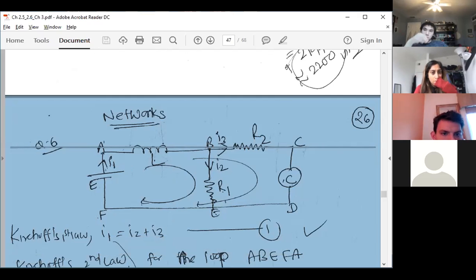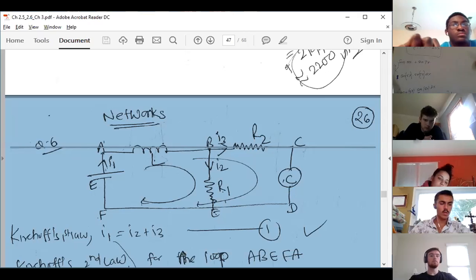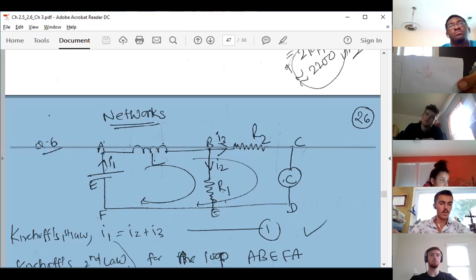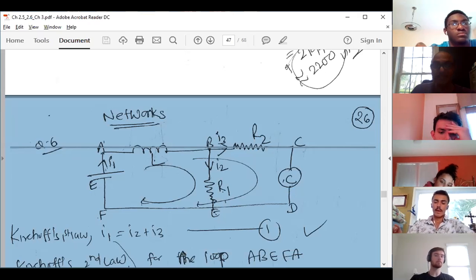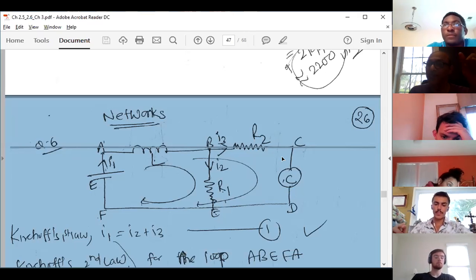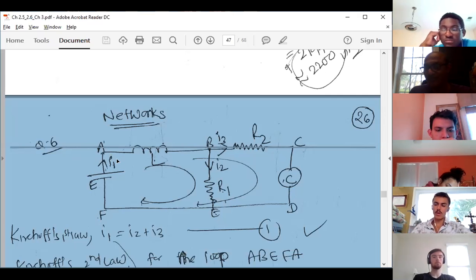L into di by dt. Look at here. Yes or no? Actually, I write di by dt because in the previous examples I assumed my current was I of t. But here it is not I, it is I1. Can you see here? It is I1.